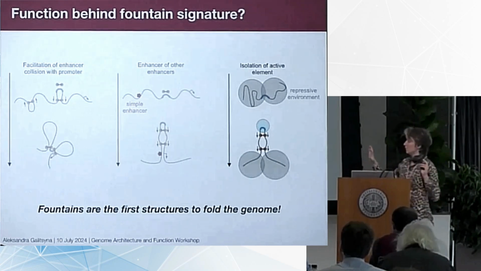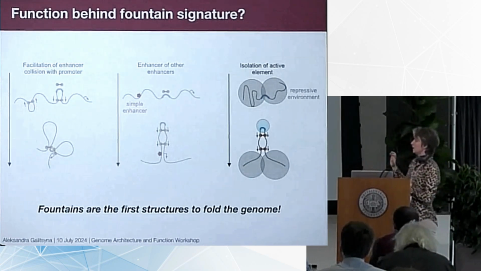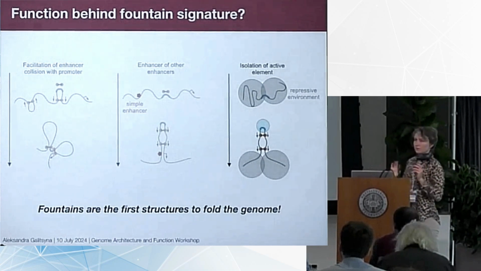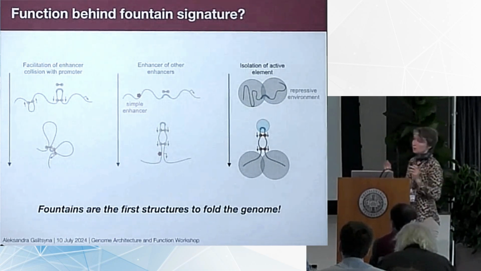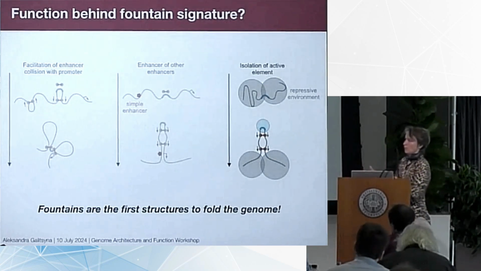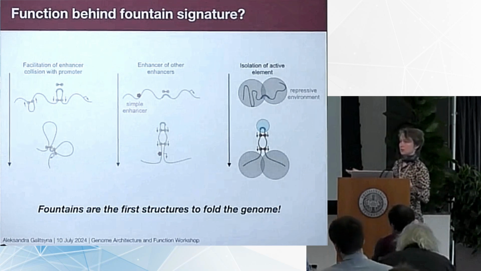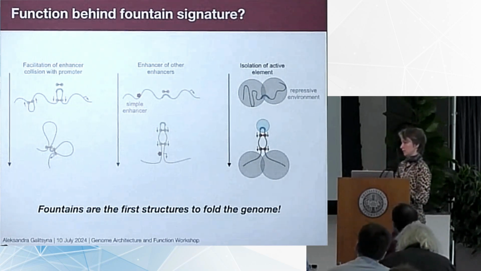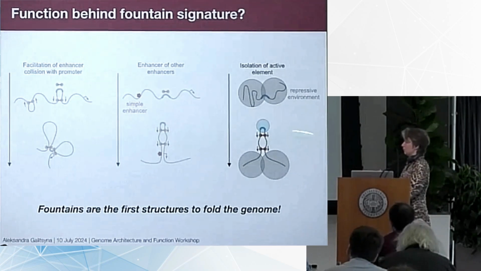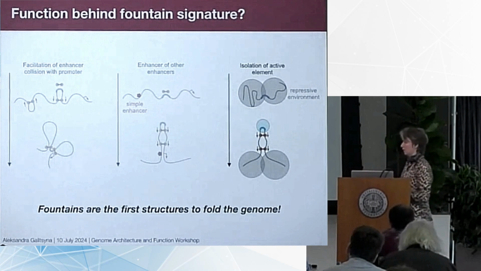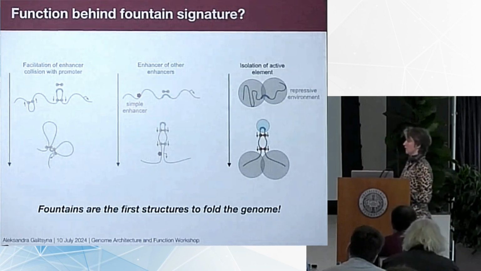So maybe it happens because the cells would like to isolate the active element from the repressive environment of the surroundings. And it also makes sense because in zebrafish embryos, before the onset of transcription, the chromatin is inactive, and we need to rapidly activate a small subset of genes, and maybe that is the process that helps to maintain the status of these regions active.